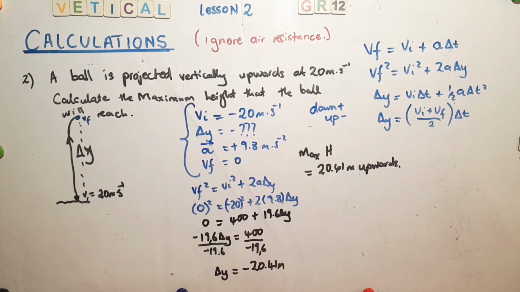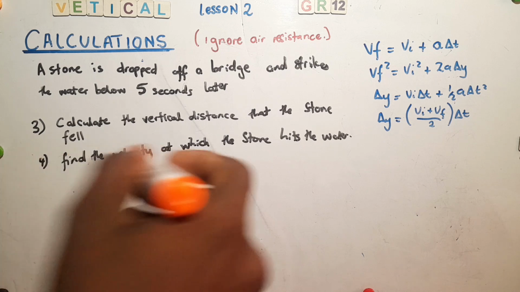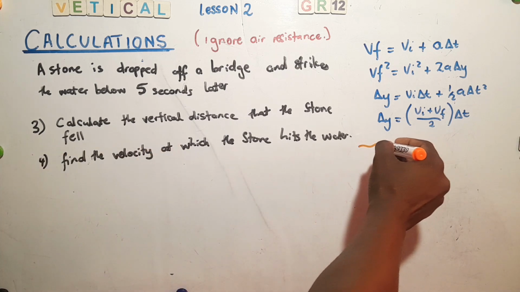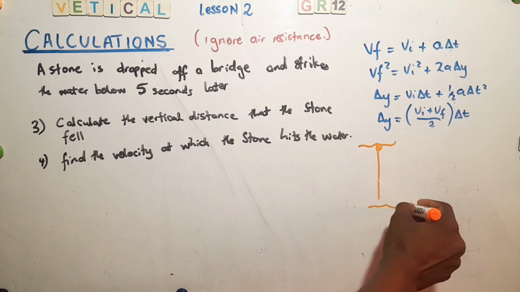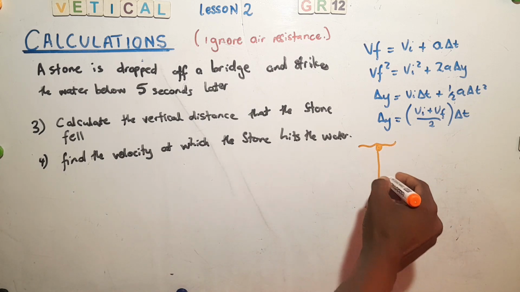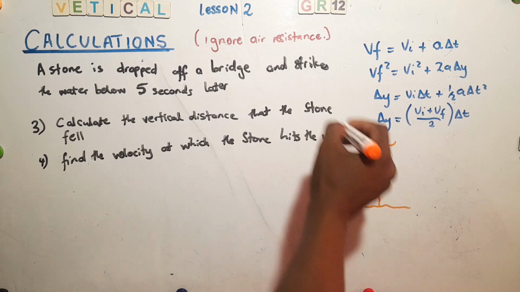So let's move to another question as well. We are having another question there, number 3. They said a stone is dropped off a bridge and strikes the water below. If we're having a diagram, we can say this is dropped and it hits the water below. Our time is 5 seconds.